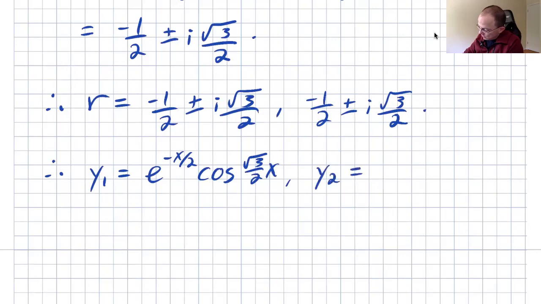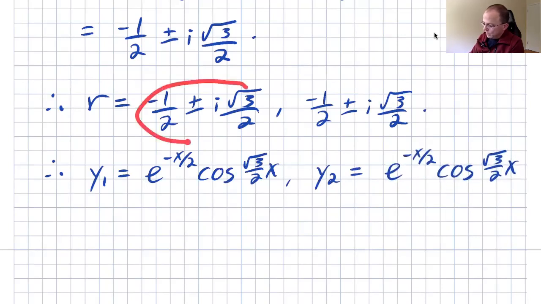y2 is e, well, it's repeated. So let me follow the pattern I did in the description above. Since it's repeated, we'll have the same thing again. So you see this is repeated here. That means I'm going to get this again, but the second time I multiply by x.